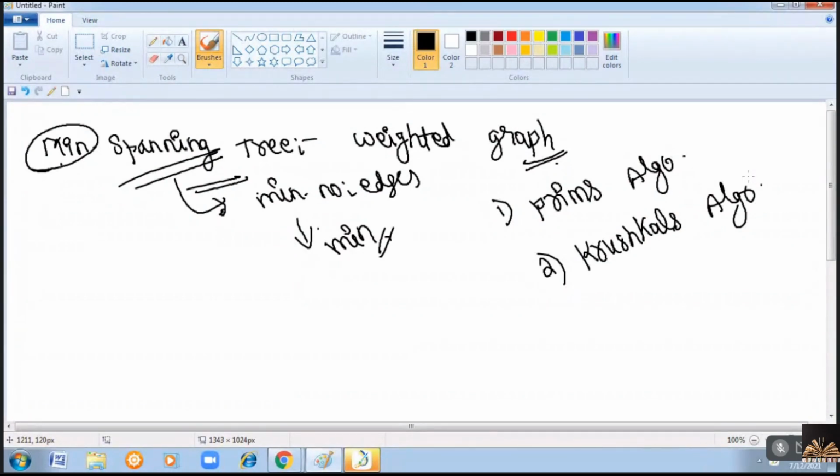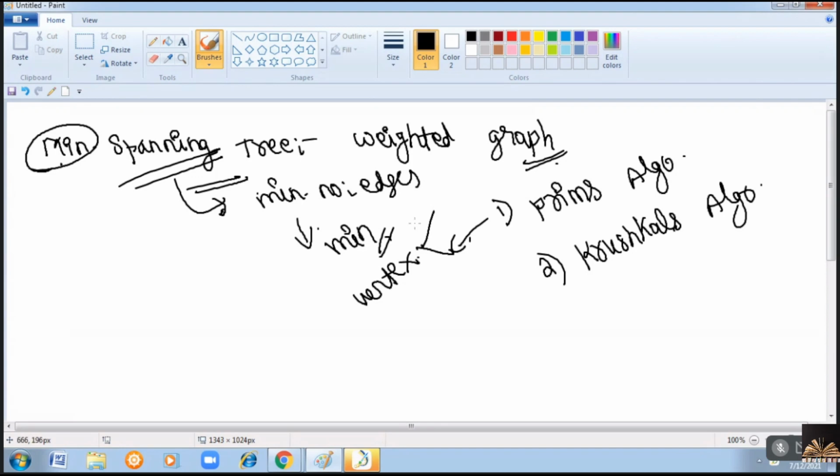So Prim's algorithm means what? How will you perform Prim's algorithm? In the case of Prim's algorithm, you consider any vertex as a starting point.